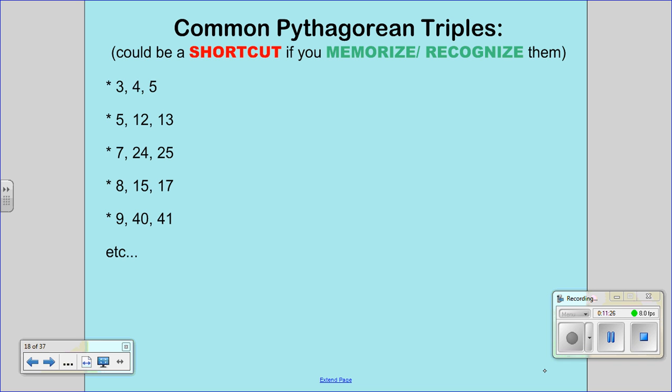So should you see two of the three, you should understand the third one that would come up. If you can memorize these common ones and recognize them anytime you see them, it could definitely save you some time. You won't have to go through the entire Pythagorean process if you can memorize this list.